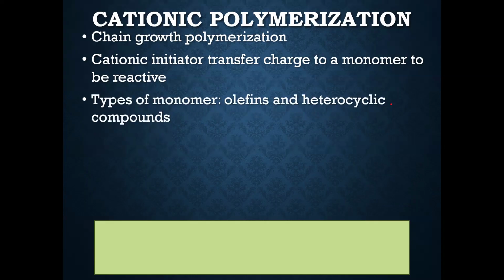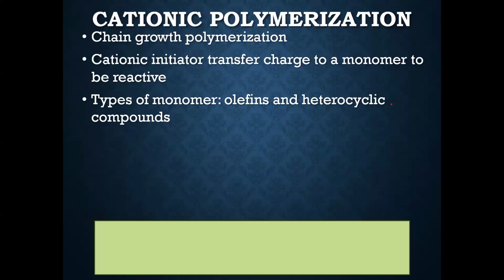The monomers that can undergo the cationic polymerization are either olefins or heterocyclic compounds. Because, guys, olefins have double bonds.